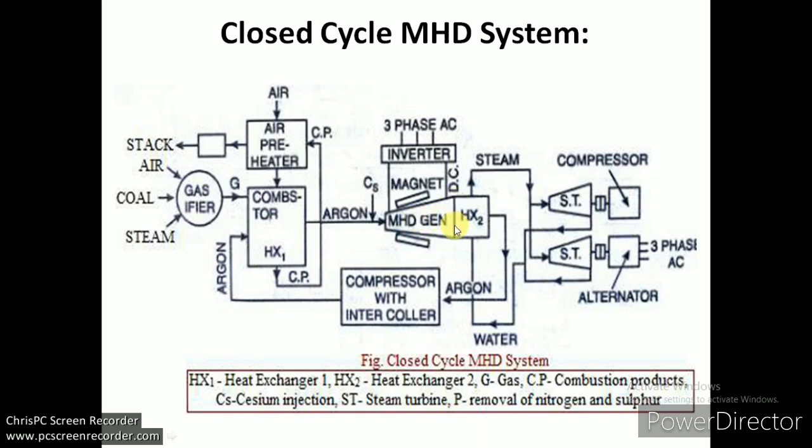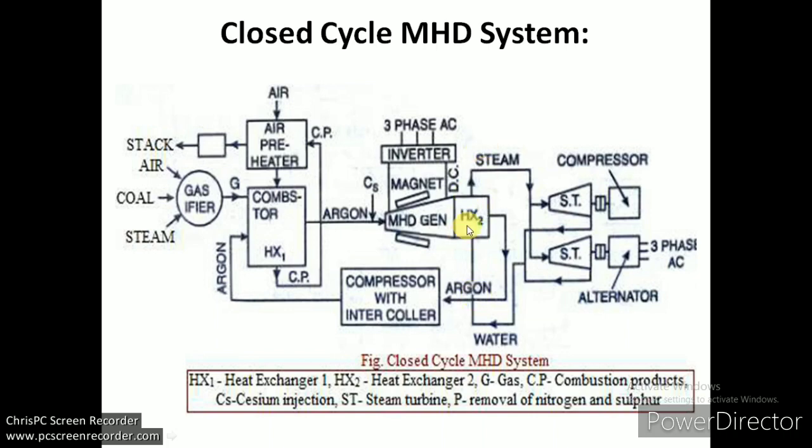And at the exit of this MHD generator there is a provision of a next heat exchanger, which utilizes the exhaust gases' waste heat to convert water into steam.